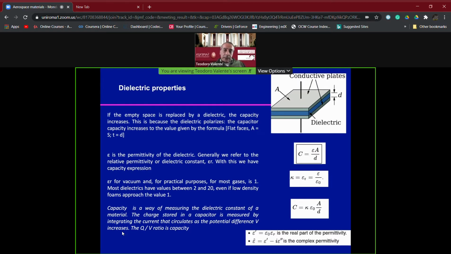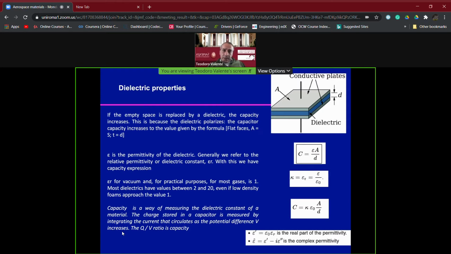Remember that this comes, and I think this is known to you, from the fact that the capacity is given by the ratio between the charge Q and the voltage V, because the charge which is stored in a capacitor is measured by integrating the current that circulates as the applied potential difference V is increased.